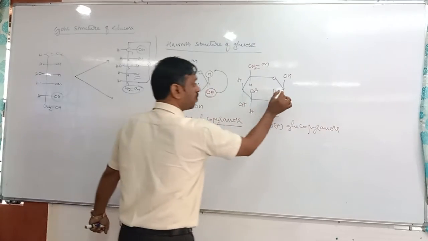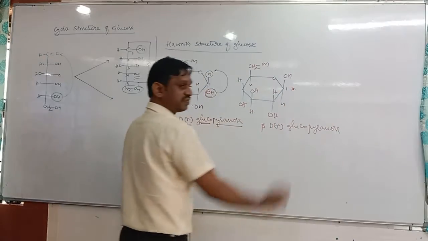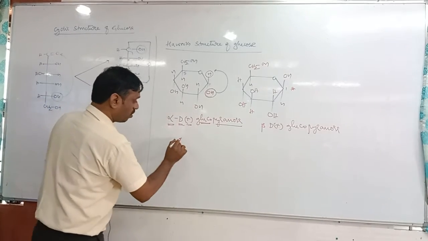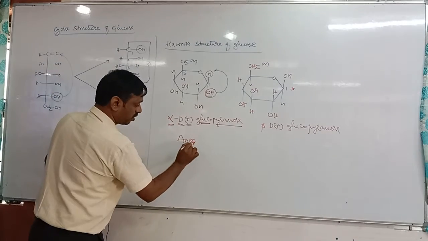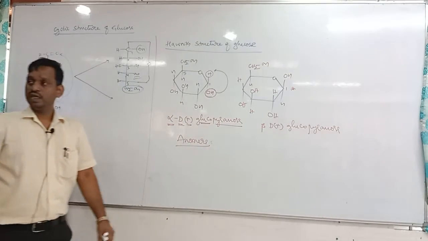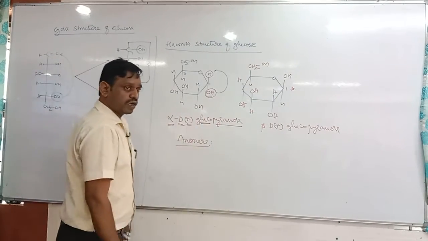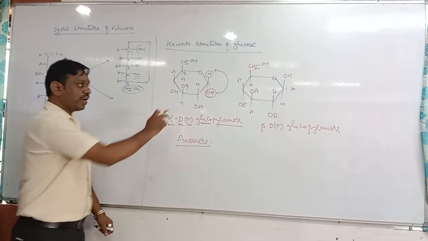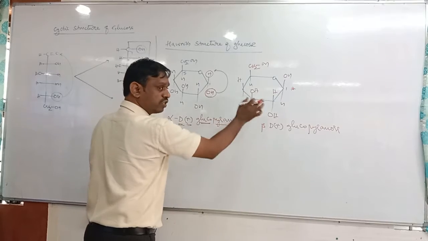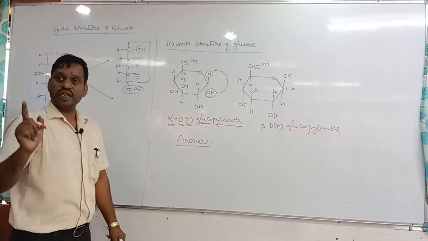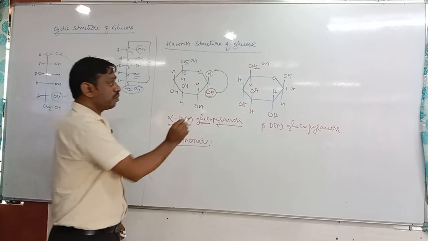Now this first carbon is called the anomeric carbon. Then what is the relation between alpha and beta? They are called anomers. This is important. What are anomers? See, alpha and beta are nothing but anomers. Alpha and beta differ in what? They are a pair of isomers. The pair of isomers which differ in the configuration of which carbon?